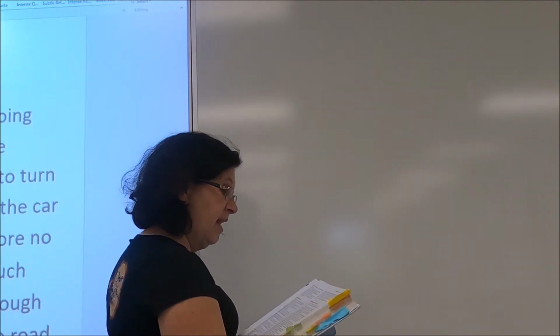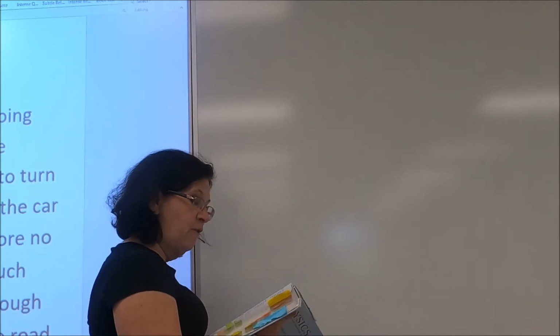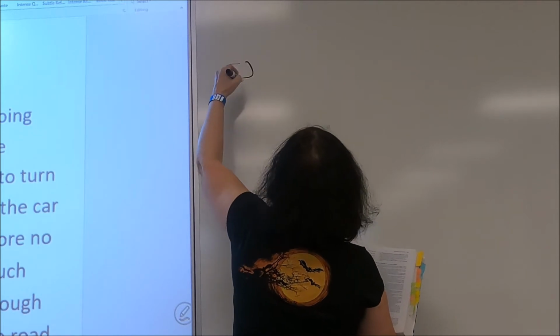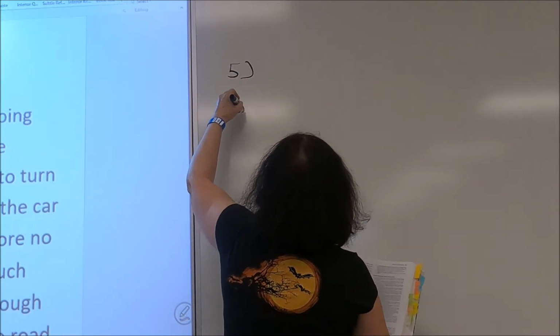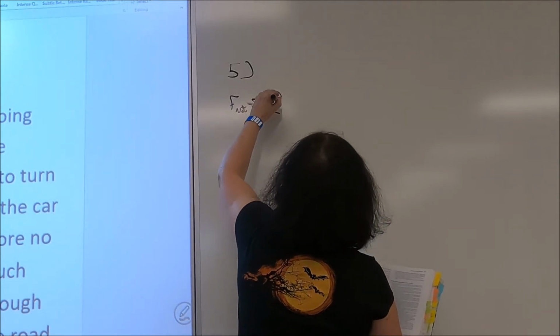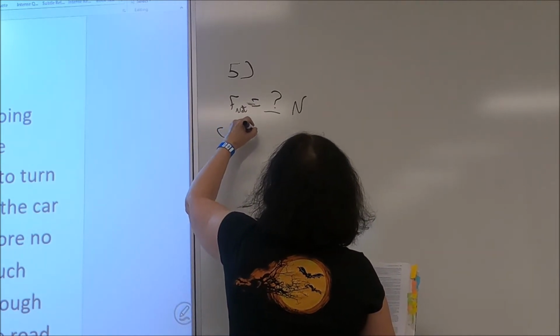So if we look at problem 5, the first thing that it asks us is, what is the magnitude and direction of the net force on the car, and what causes the force? So on 5, we're asked force net, that's going to be in newtons, and we're asked cause.